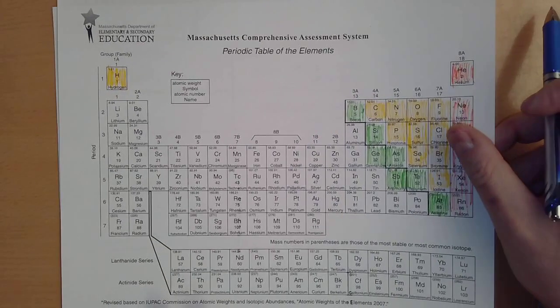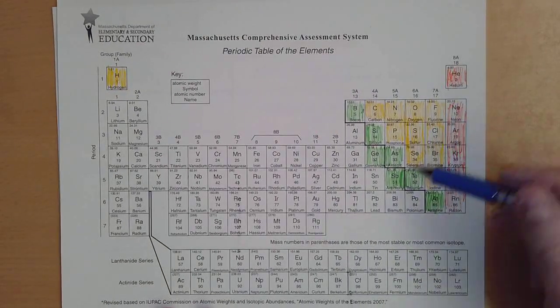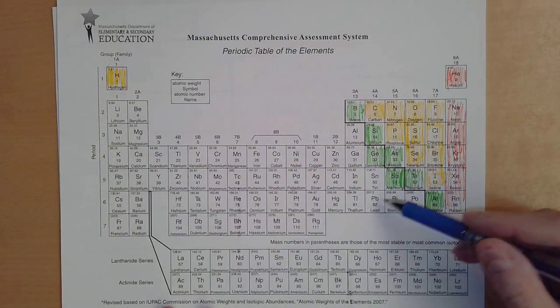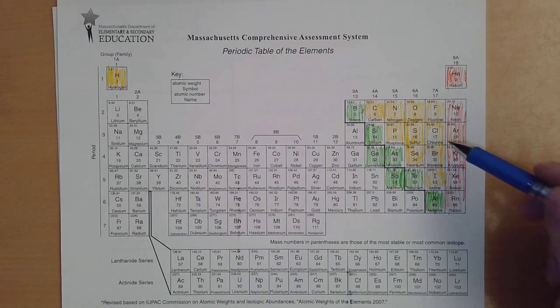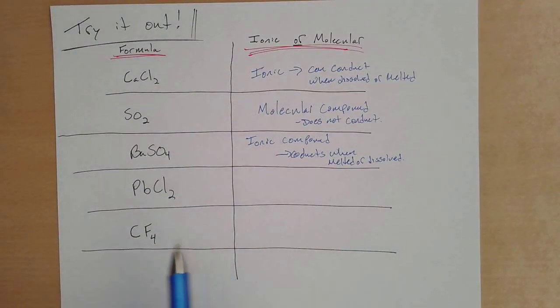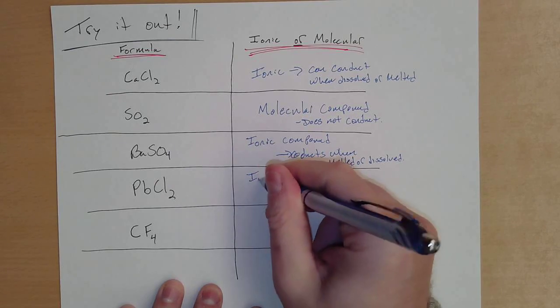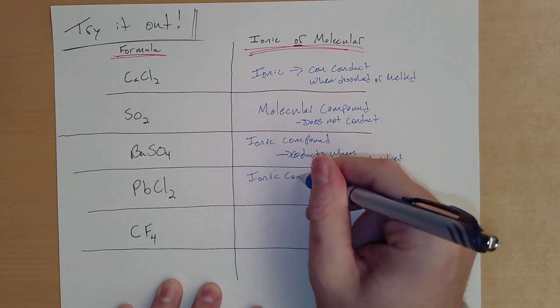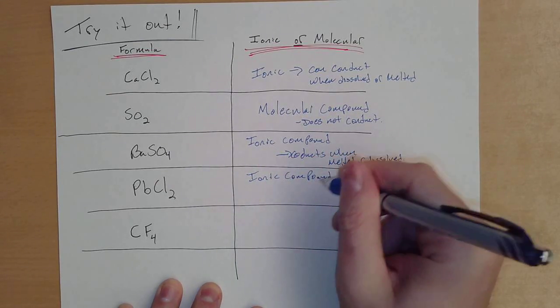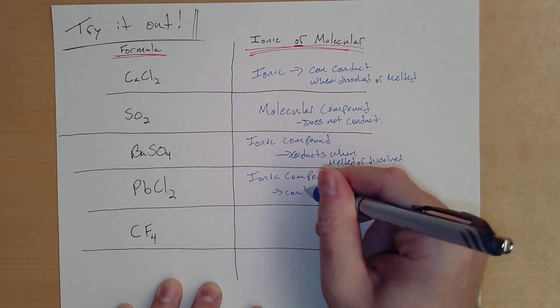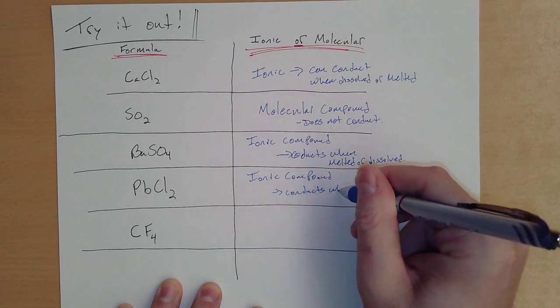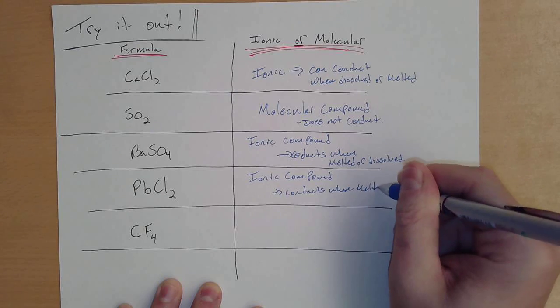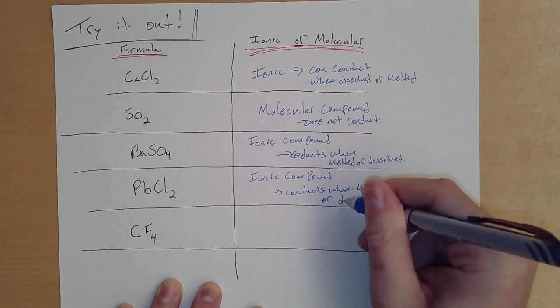We already found Cl2 a second ago, which is right here. So we have a metal mixed with a nonmetal, which is ionic. So we can call that an ionic compound. Conducts when melted or dissolved.